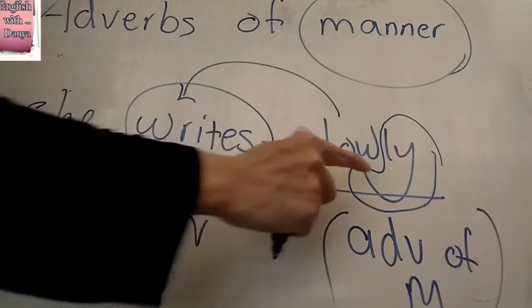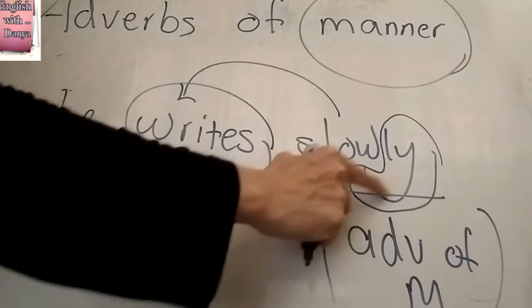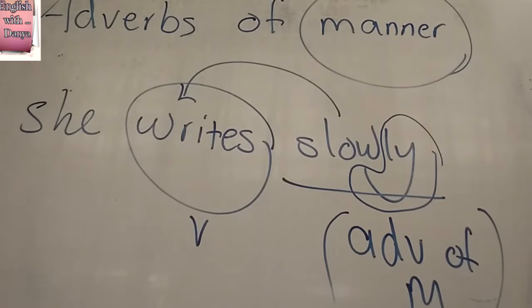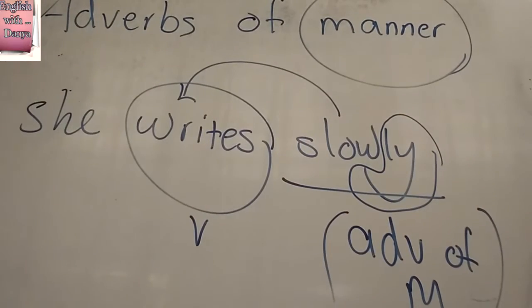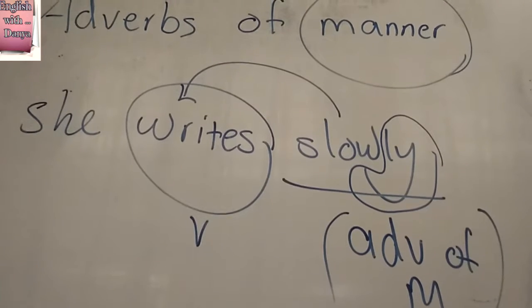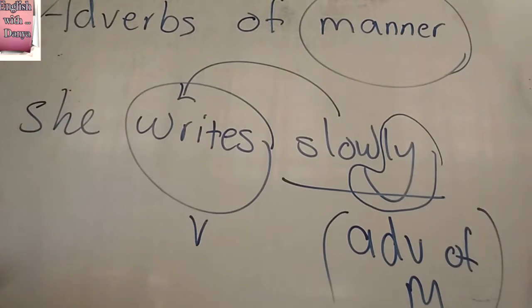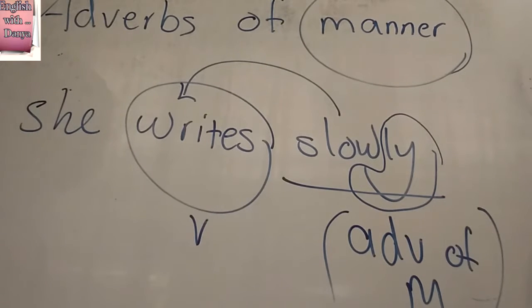So usually you need to add ly at the end, like slowly, beautifully, quietly, quickly, anything, as long as you have ly at the end of the adverb. All right, now let's look at another example to understand more about this topic.